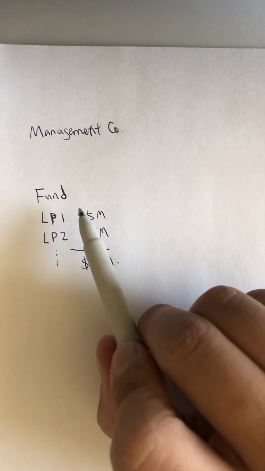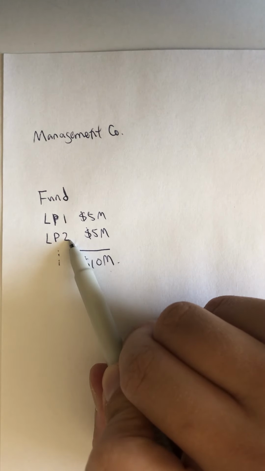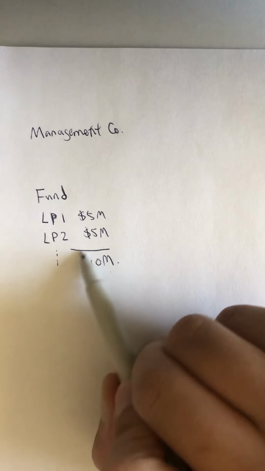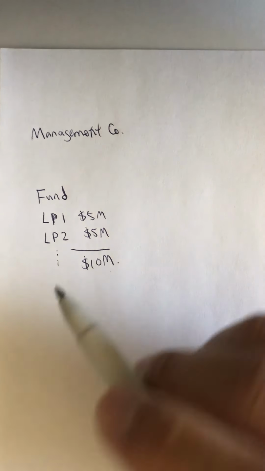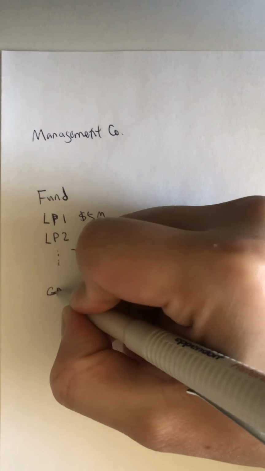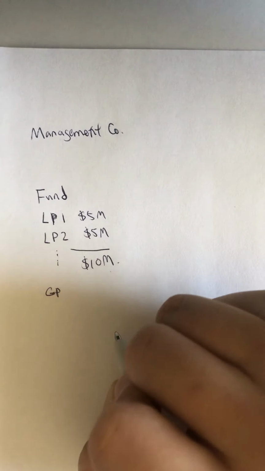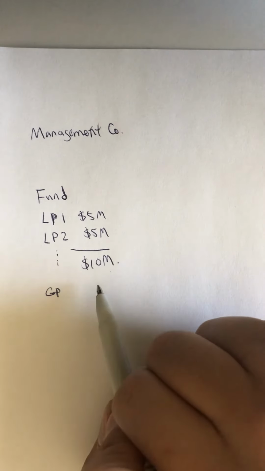And then the LPs are going to say, hey, if you want to invest our money, we would like you to have some skin in the game as well. So what you're going to do is you're going to set up a general partnership, and you would put some money into the fund as well. So how much money would you put in?